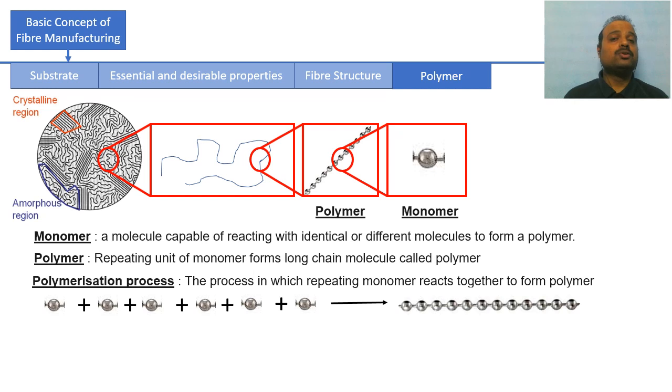Along with the monomer, you add certain additives, initiators, all other chemicals, and cook it for some time at a high temperature, high pressure, or sometimes in a vacuum, and monomers get converted into a polymer. Now polymer is nothing but a melt, a liquid-like structure, semi-solid or semi-liquid you can say. So this polymer is prepared at the end of a polymerization process.